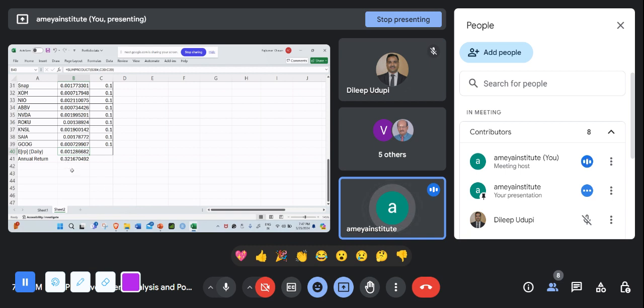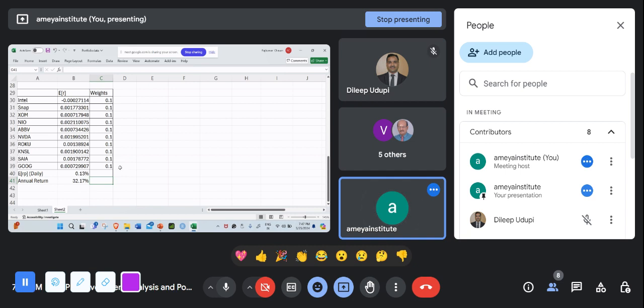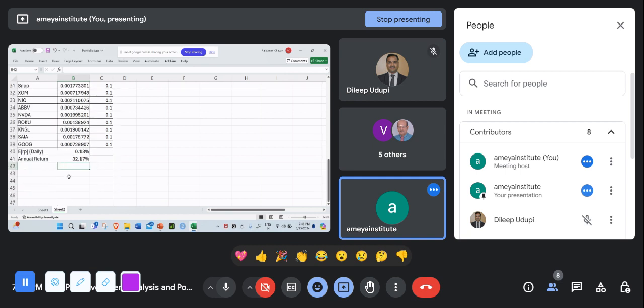So convert this into percentage, go to home, this also convert into percentage. Got it, this answer? Done.